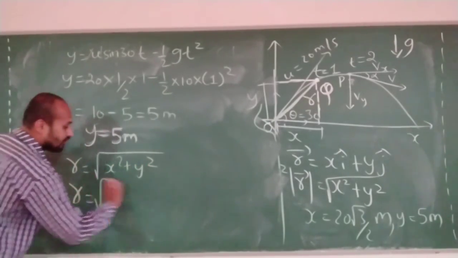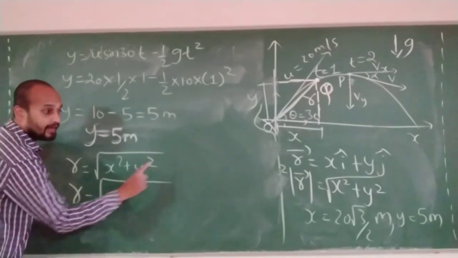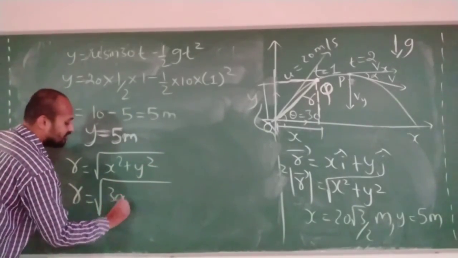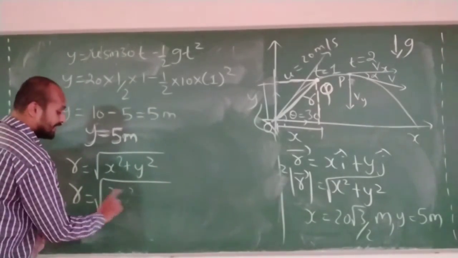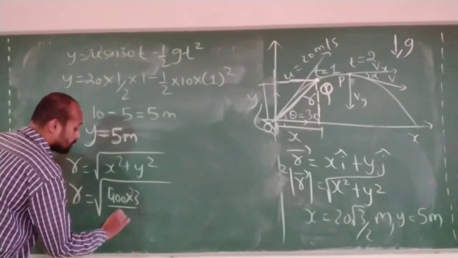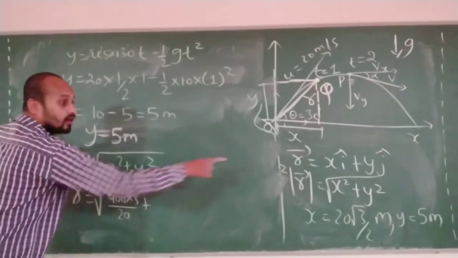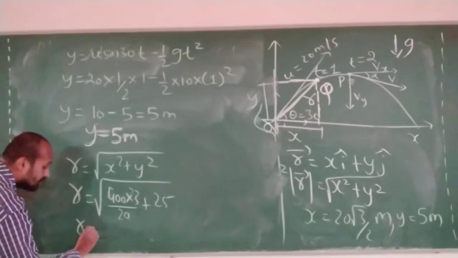R is equal to root of, x value is 20 root 3 by 2, squared, which is 400 into 3 divided by 4, that is 300, plus 5 square, which is 25.